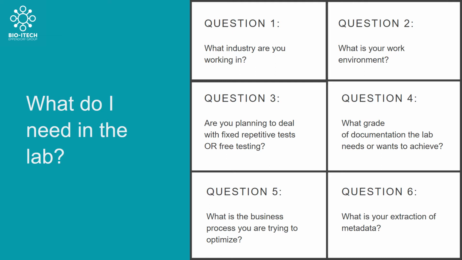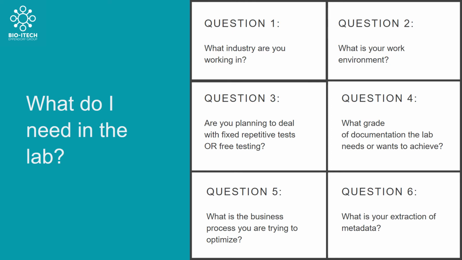What exactly is the business process that we are trying to optimize here? Are we finding ourselves doing fixed repetitive tests, or are we working with free-form exploratory testing and development? For example, collaborating, sharing data with colleagues in a team is much more easily accomplished using an ELN.